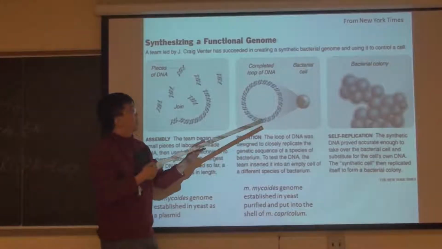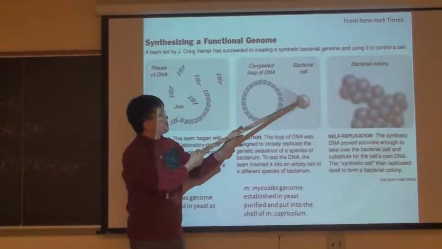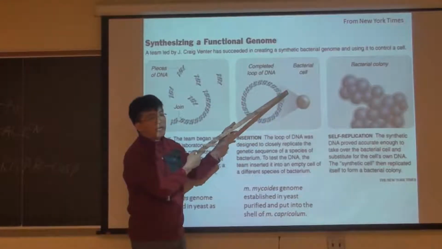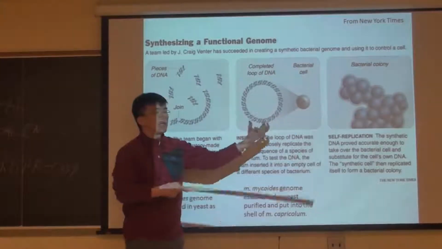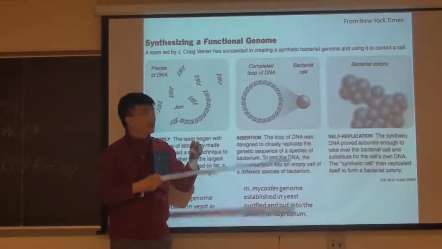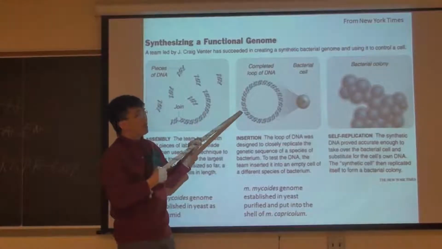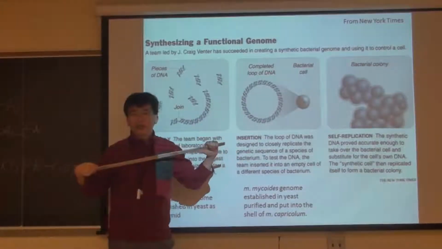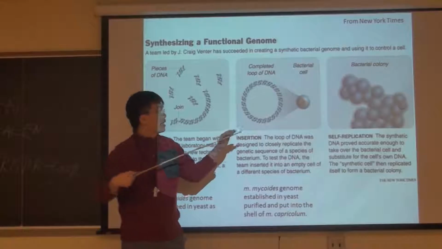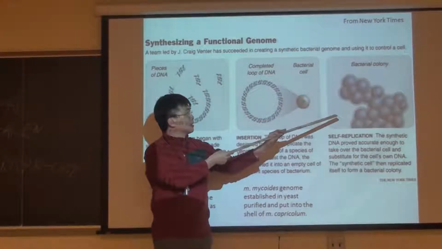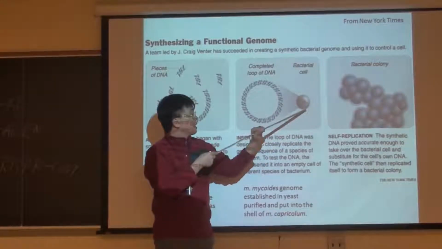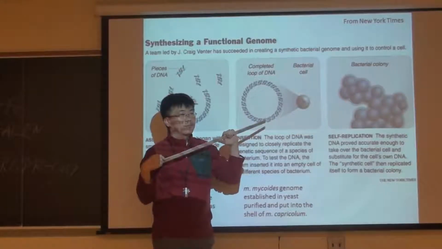And then they found another species of bacterium that is similar but not the same. They started with the bacterial cell and removed the DNA from the bacterium, and put the chemically made DNA into the empty shell. And they showed that the DNA can direct the growth and division of that shell to form colonies.